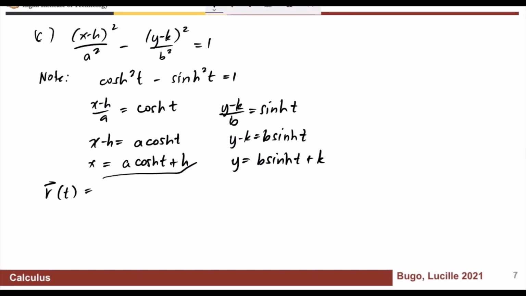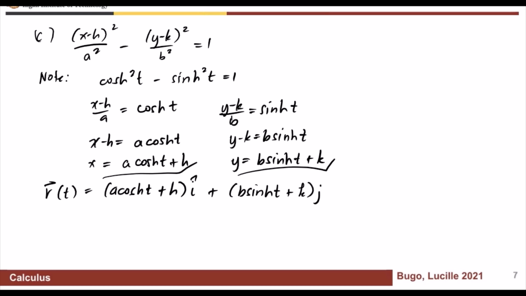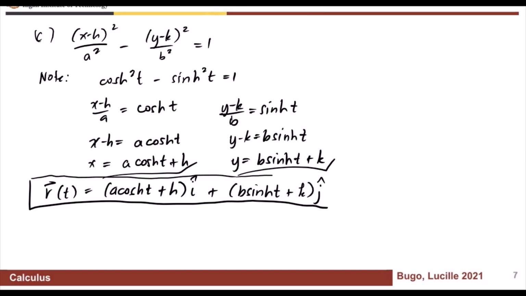So again, this is our parametric equation, where we have written x as a function of t and y as a function of t, so that we'll have a cosh t plus h i hat plus b hyperbolic sine t plus k j hat. So this is our vector valued function of the given rectangular equation.